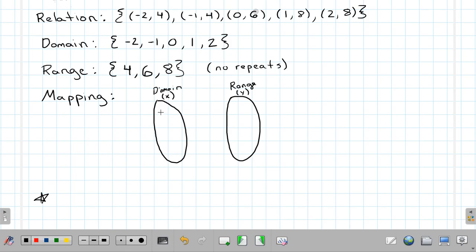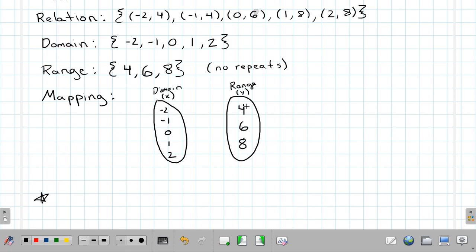All you do is go through and list the numbers out. So you have -2, -1, 0, 1, and 2. Well, the other side is the range. Once again, even though there are two 4s up here, since the range only has one 4, we're only going to list 4 once, 6, and only going to list 8 once.